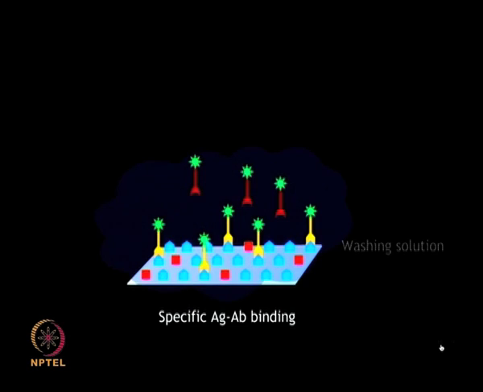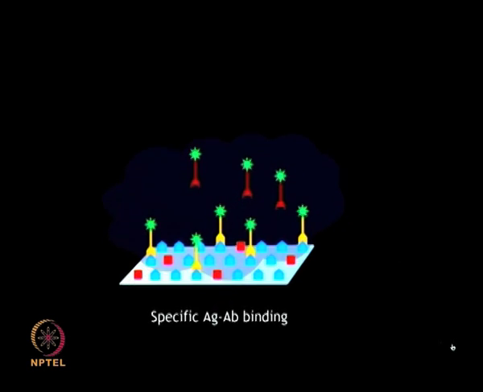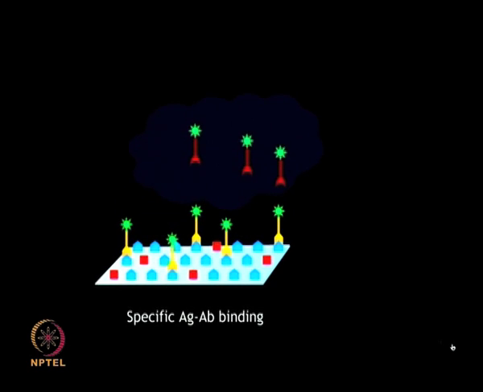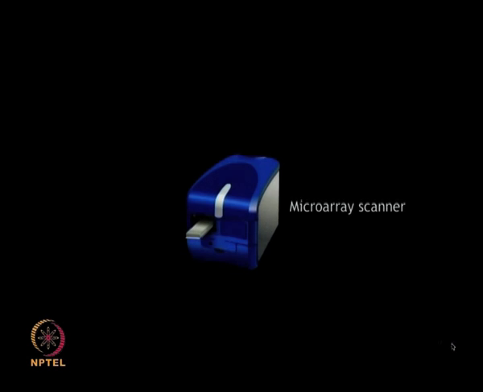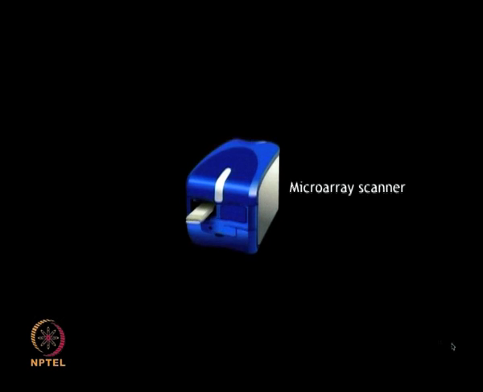The antigen-antibody reaction was allowed to go to completion and excess unbound antibody was washed away by using PBS and water at room temperature. After washing and drying the microarrays, these slides were scanned at 532 and 635 nanometers.